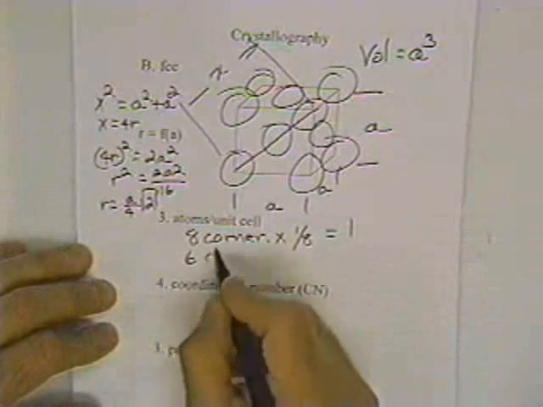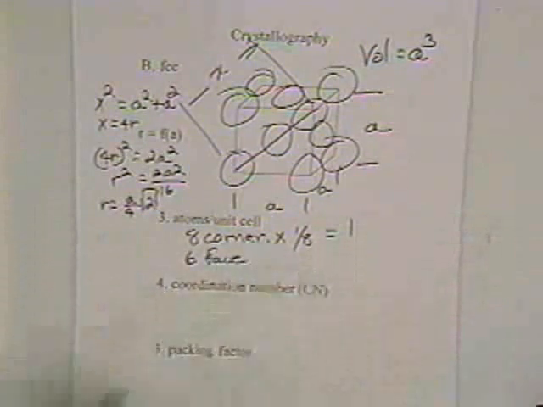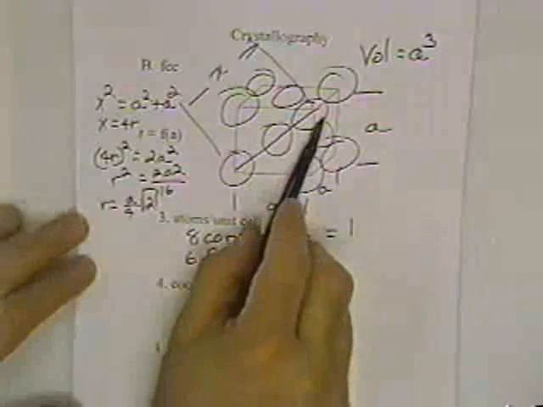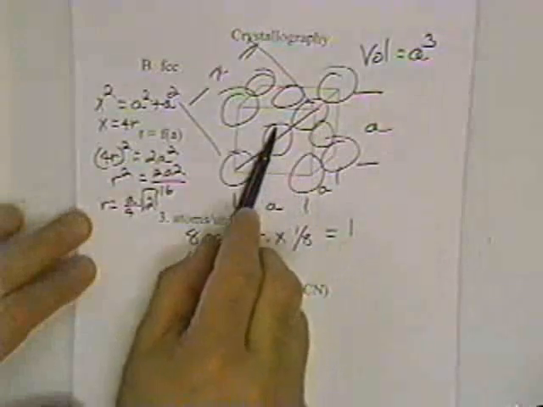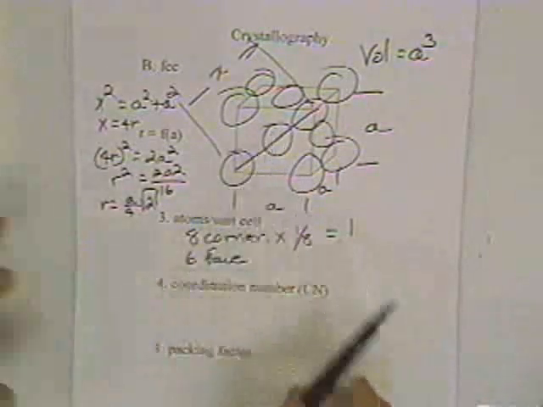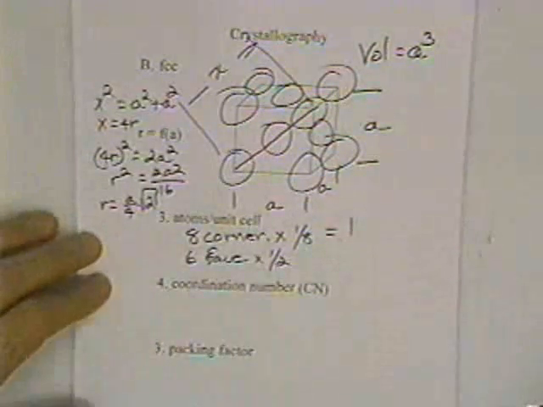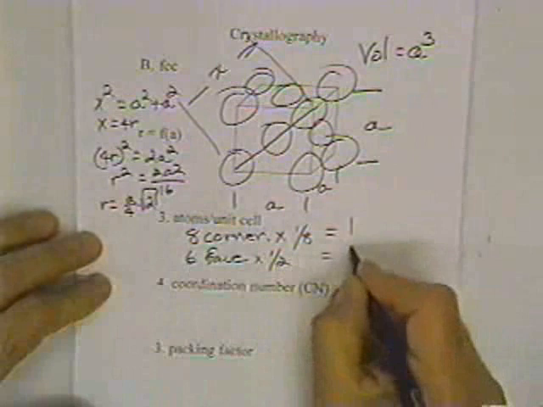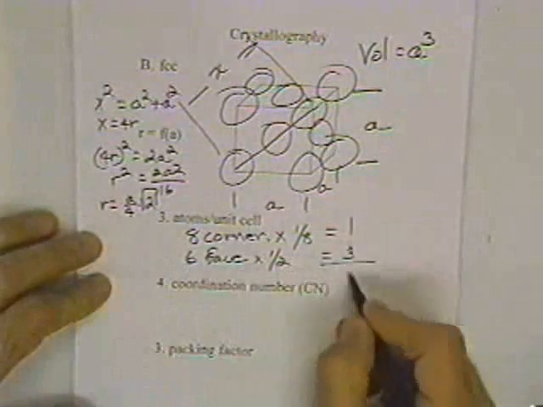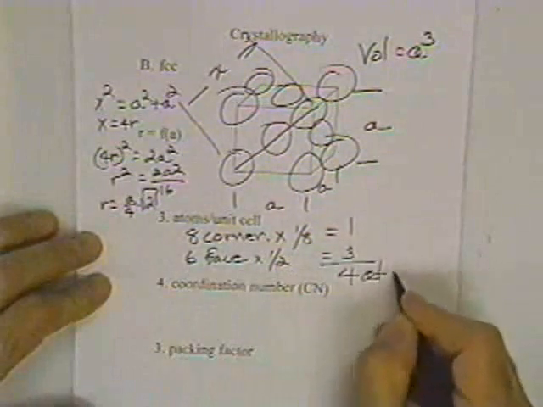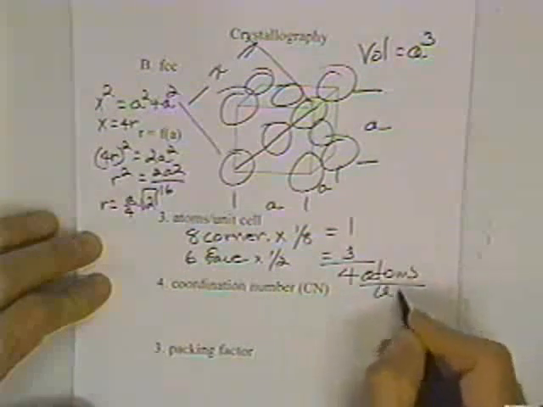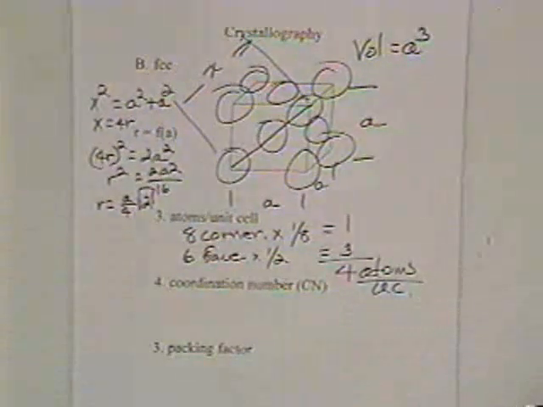Now, what about the 6 face atoms? Okay, well, if you look at this face right here, how much is in this unit cell? I hope you're saying half. So we've got half in each unit cell, and we would have 3 atoms, for a total of 4 atoms per unit cell for the face-centered cubic material.